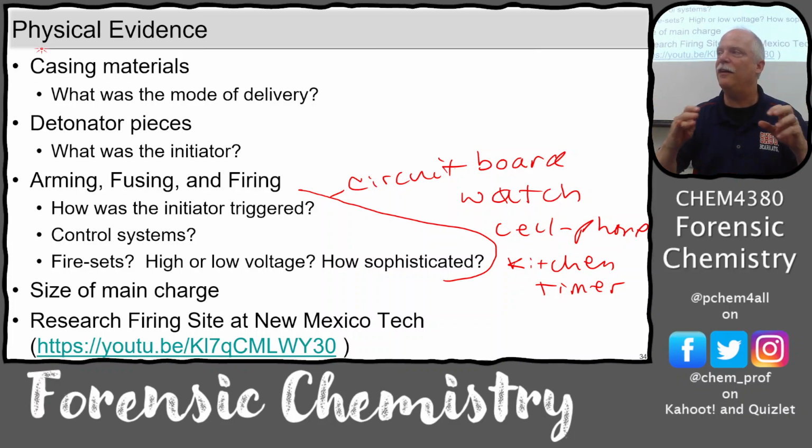And so they have an area where they'll make a car bomb and they'll detonate it and they'll look at how much destruction there was, but also they'll go back and look at the evidence, what was left behind. You've got all the car parts. Can you find the arming, fusing, and firing? Can you find what set it off? Was it a cell phone? Because there's evidence there that might tie you back to the perpetrator.